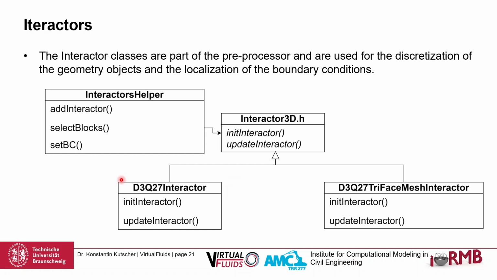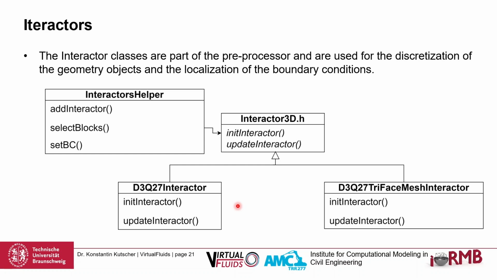And we have two kinds of interactors. One is the D3Q27 interactor used for the so-called primitives. We have a library of classes for geometrical primitives: cuboids, cylinders, spheres, lines. With these geometries you can generate simple setups, and you don't need an STL file or something like this.